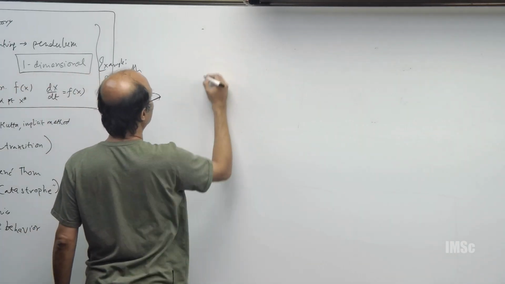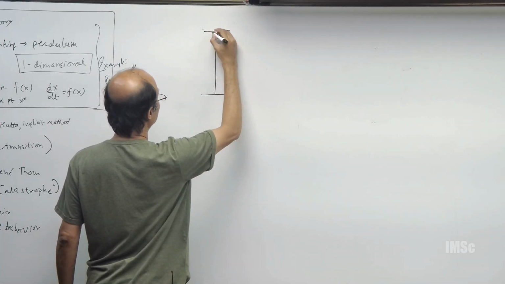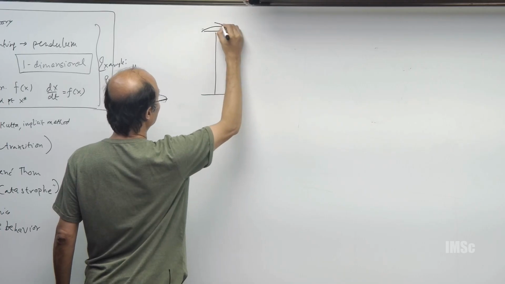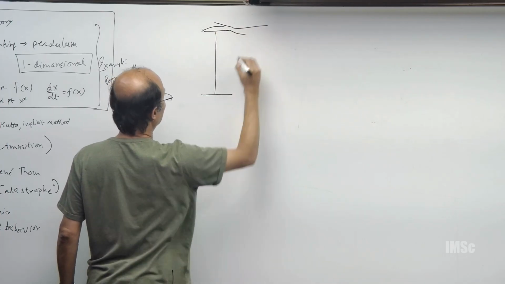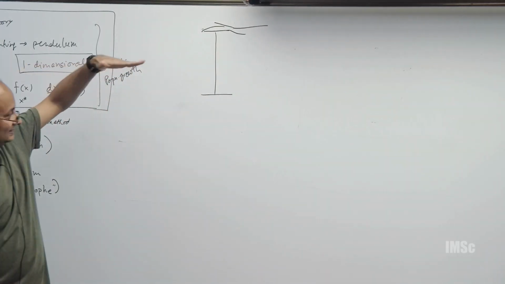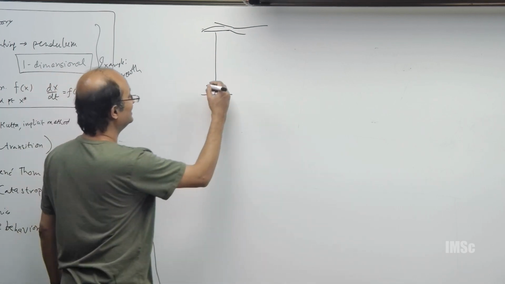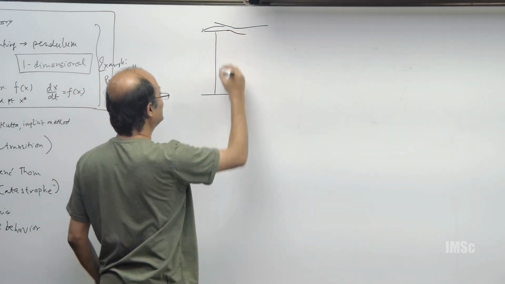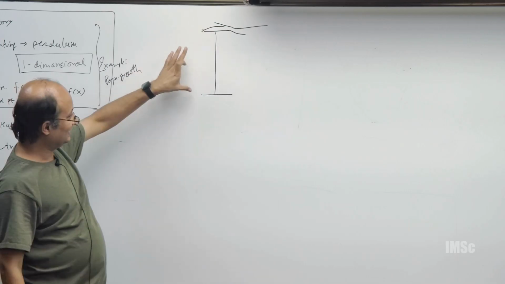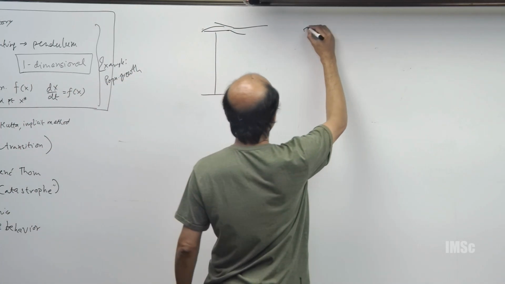Suppose you have a metal scale. So you take this metal scale or a metal plate and you are pressing down on it. As you keep increasing the pressure, it still remains vertical until at some point it will buckle, right.